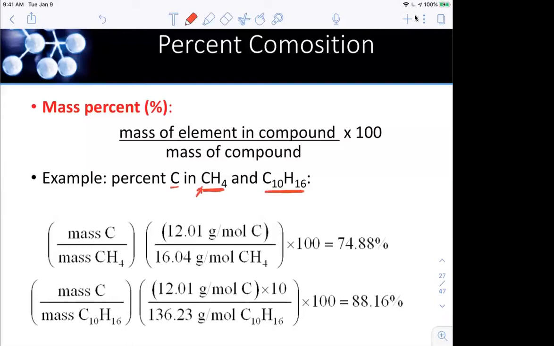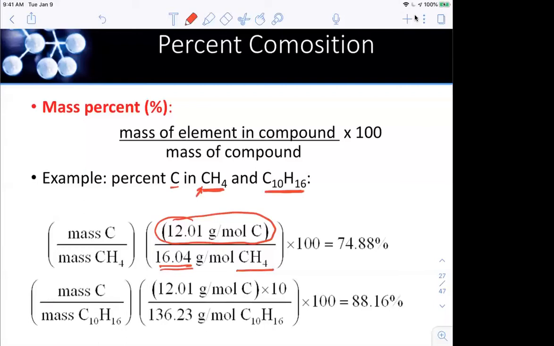So the mass of carbon is the mass of that 1 carbon atom. I'm going to take the mass of the carbon and divide it by the mass of the total, which is CH4.